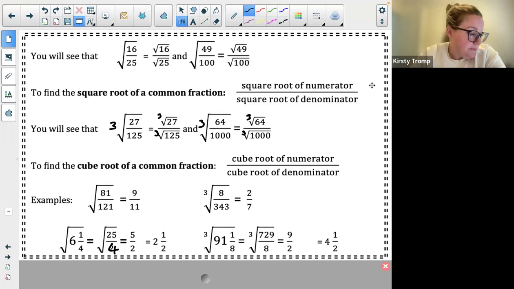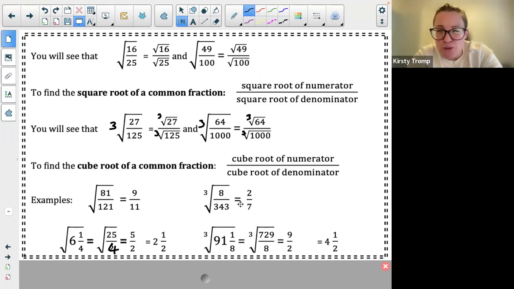Amishle, talk to me. Ma'am, for the example where we find the cube root of a common fraction, and then the example that says 81 over 121 equals 9 over 11, isn't that the cube root of 81?